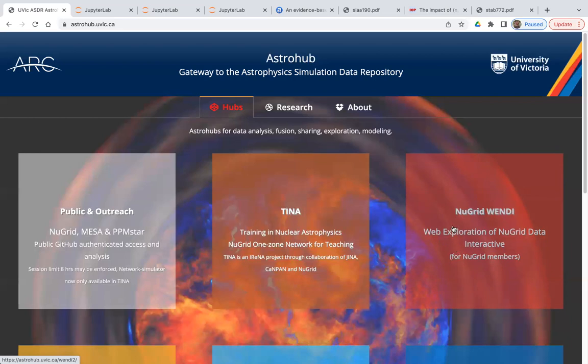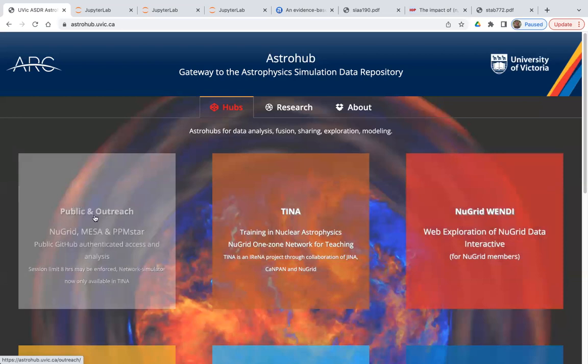And although the multi-zone NuGrid code can only be used at NuGrid Wendy here by NuGrid members, the nova framework MESA stellar evolution code can be used in both AstroHub gateways, in NuGrid Wendy and in public and outreach.